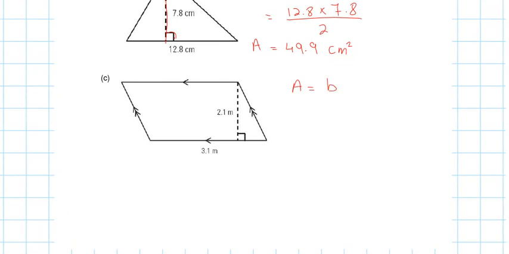Again, the height has to be going perpendicular to your base. So the base is 3.1 times 2.1, and your answer is 6.5 meter squared.